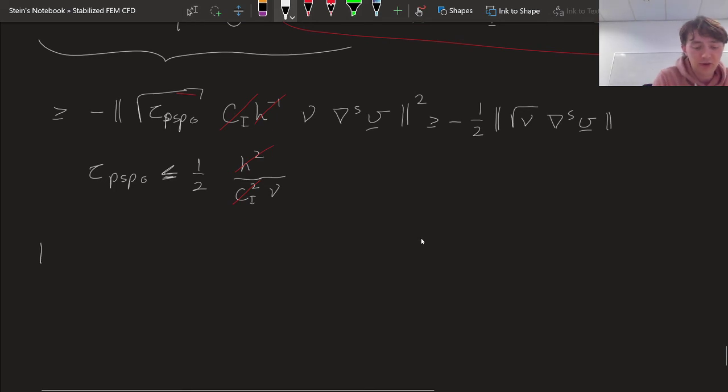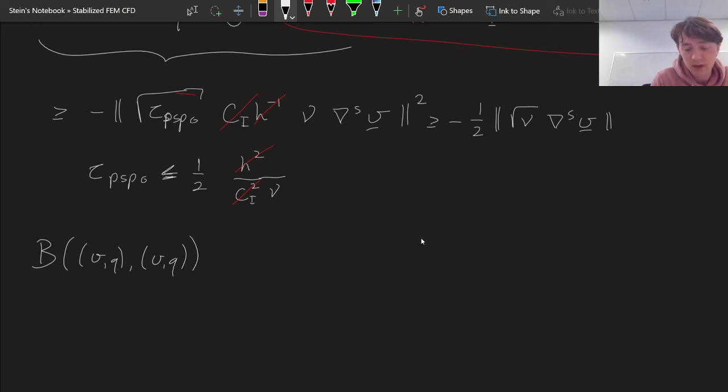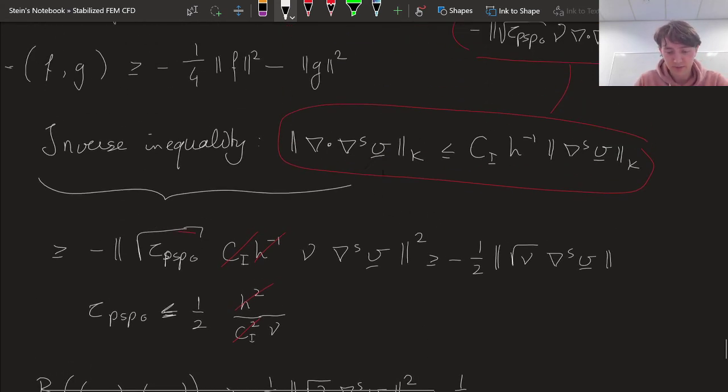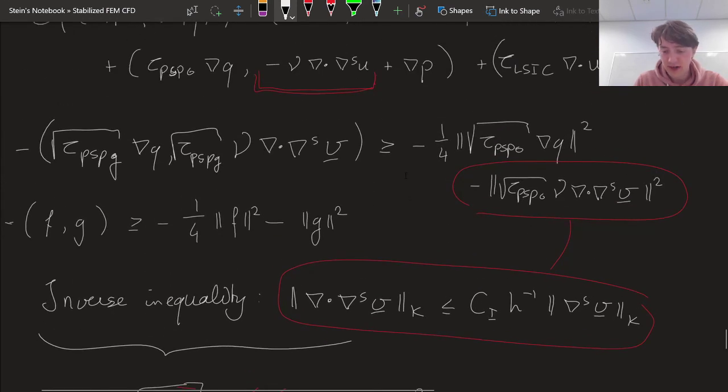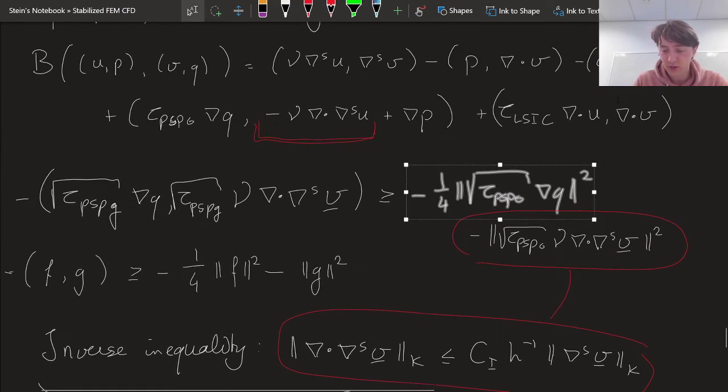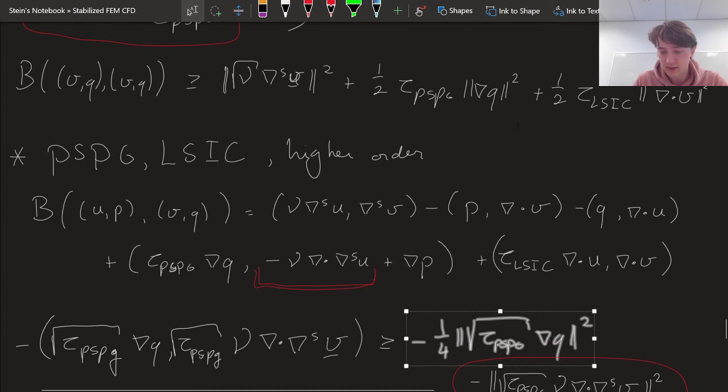And the final coercivity estimate that we would then have is V, Q, bound from below by now half of the diffusive part plus, and then we only have a quarter left, remember? We have here minus a quarter of this one. We still had this one.